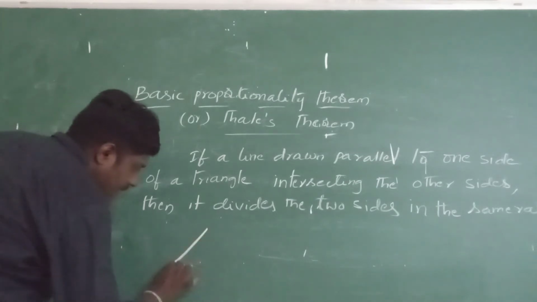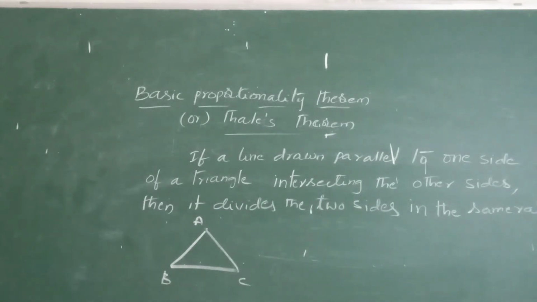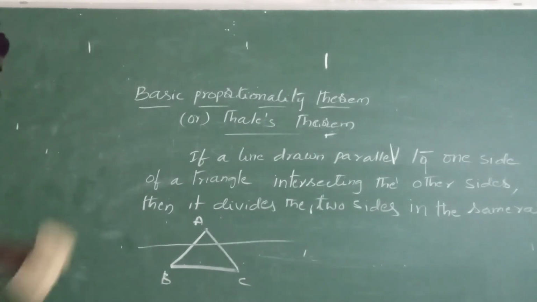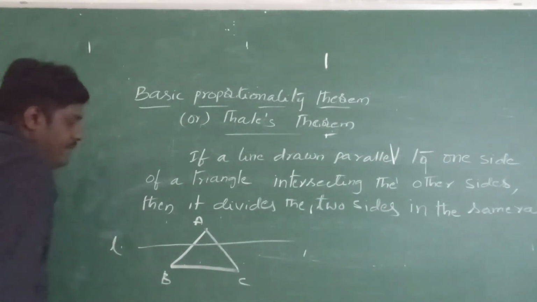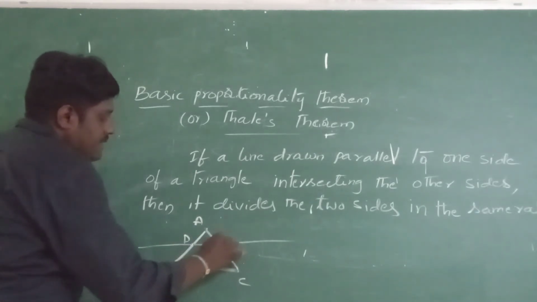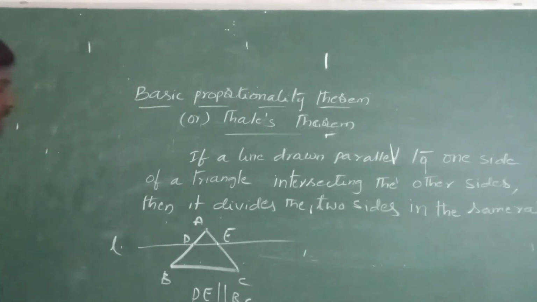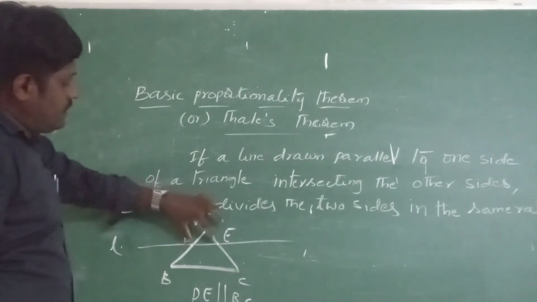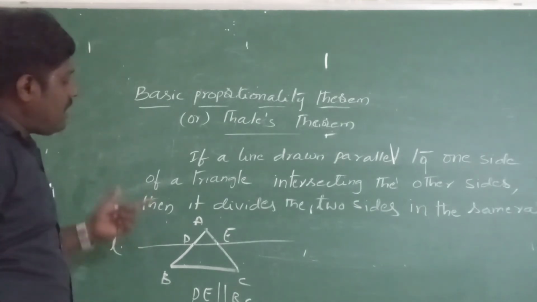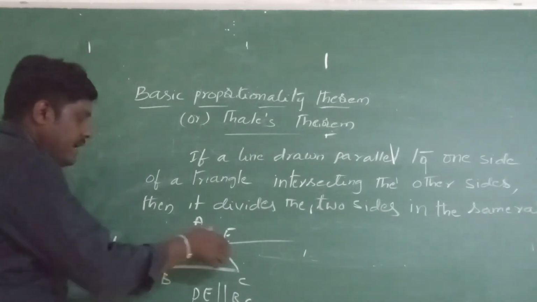Let us take ABC as a triangle. Draw a line parallel to BC. This line intersects AB at D and AC at E. So DE is parallel to BC, and this line divides the remaining two sides, the AB side and AC side, in the same ratio.